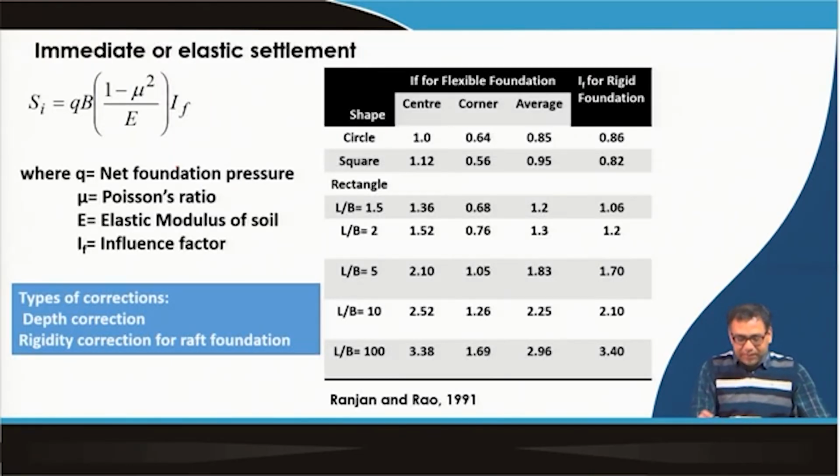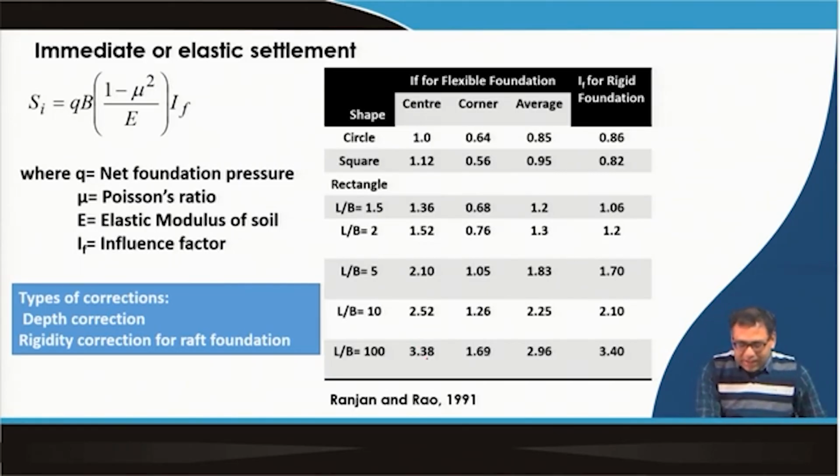The influence factor table is given. Here, it is a raft foundation, so it is a rigid foundation, and I can directly take the IF for the rigid foundation. But as I will later apply the rigidity correction for consolidation settlement, I have decided to take the center IF for flexible foundation, then apply the rigidity correction of 0.8.